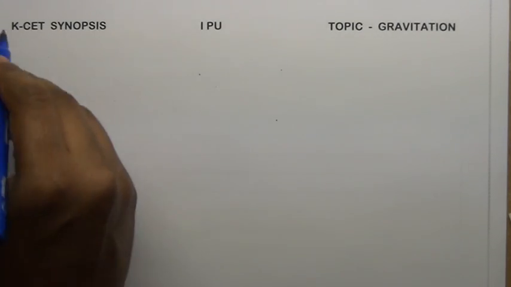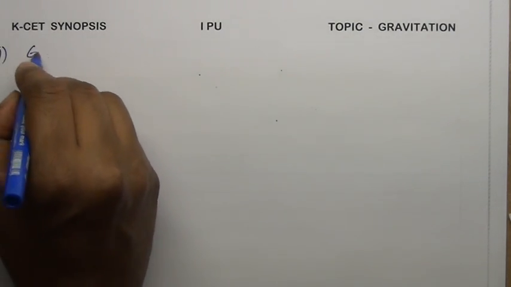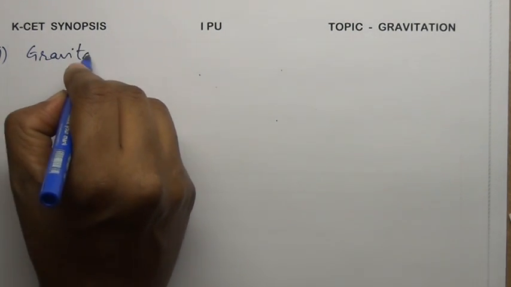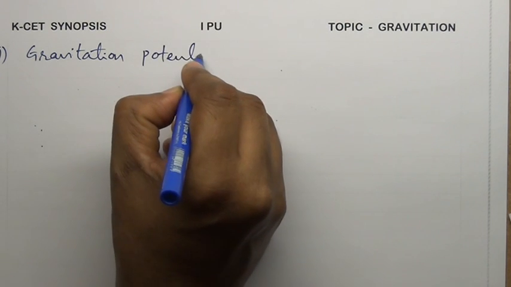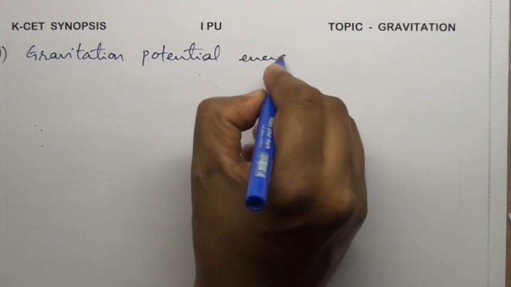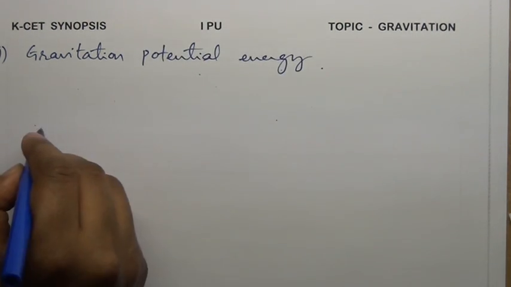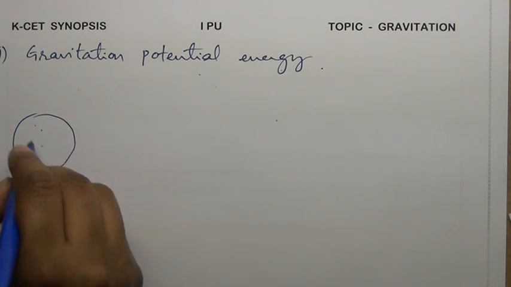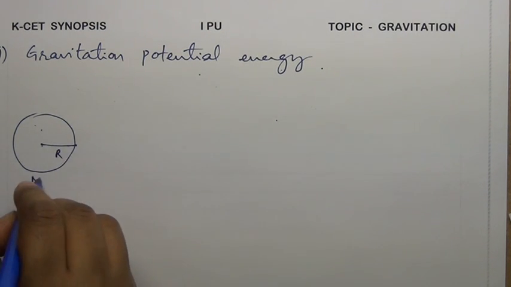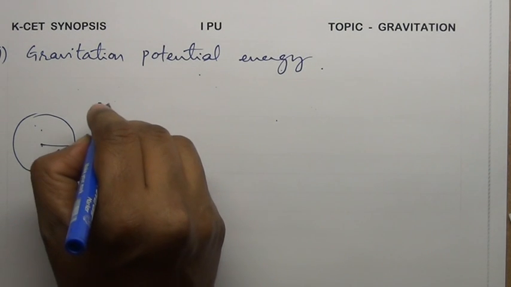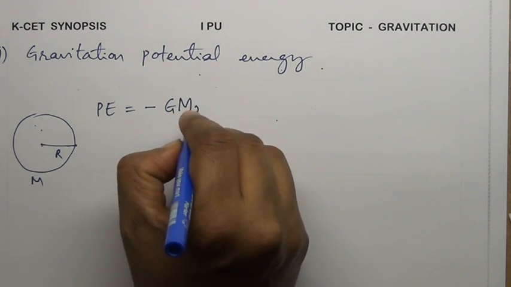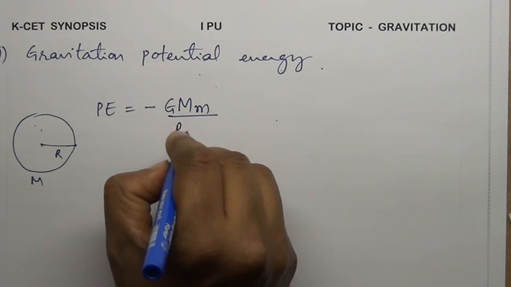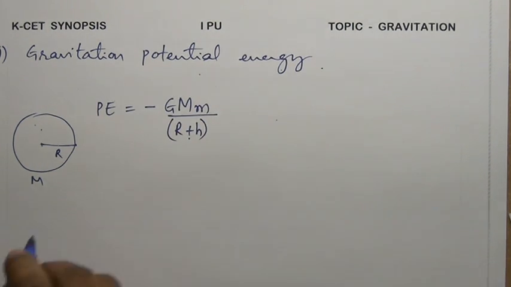Next, ninth, gravitational potential energy. Okay, if this is the Earth, mean radius r, mass of the Earth M, then potential energy is given by minus GMm by r plus h.